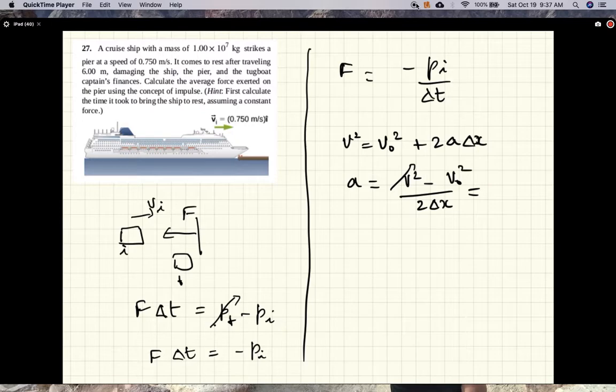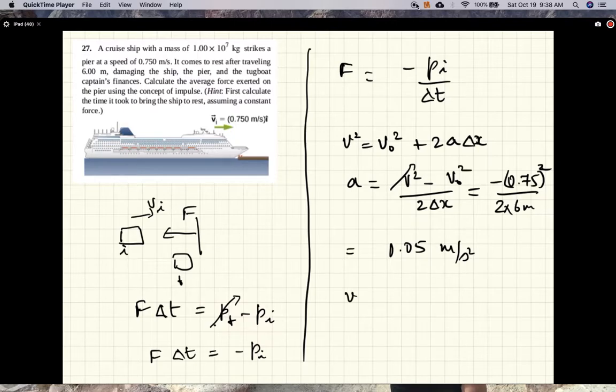Initial velocity is 0.75 meters per second, squared, and the ship was stopped over 6 meters. Okay, so the acceleration of the ship is 0.05 meters per second squared.